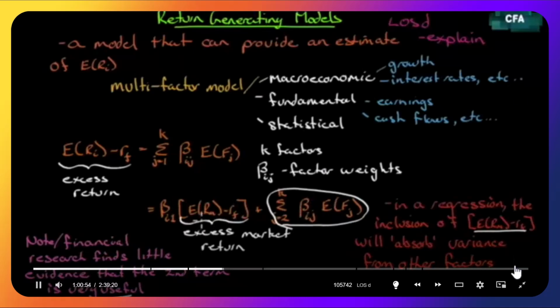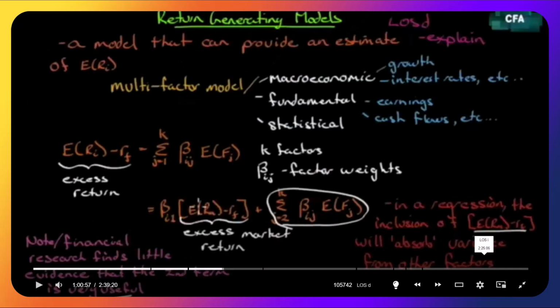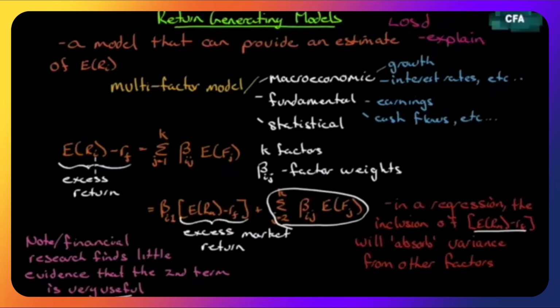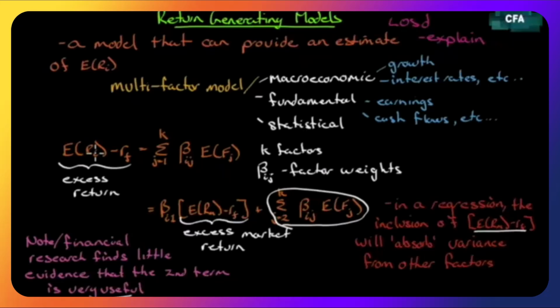The first factor has been found to explain almost up to 75% of the variance, not of the return, of the variance of the particular asset that you're measuring. 75% of the variance in the returns. Well, that's huge. You don't need these other factors.